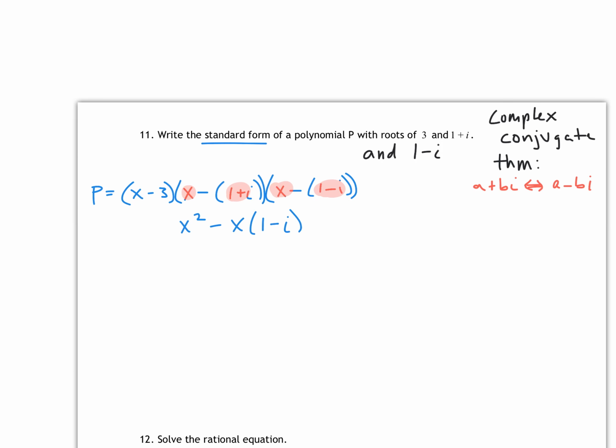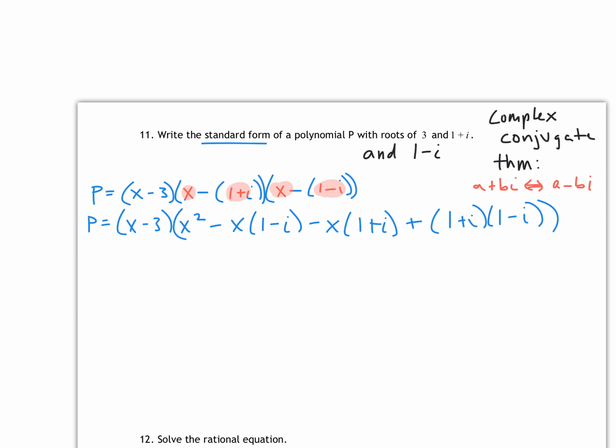I'm not going to distribute anything yet. The inner, I'm just going to put those together. Negative x, 1 plus i. The last, just going to put those side by side, plus, because they're both negative, 1 plus i, 1 minus i. So that's our second value. Remember, we still have the x minus 3 as the first.